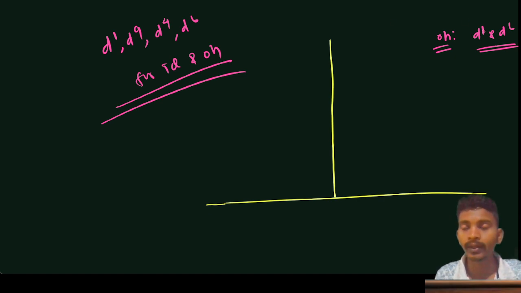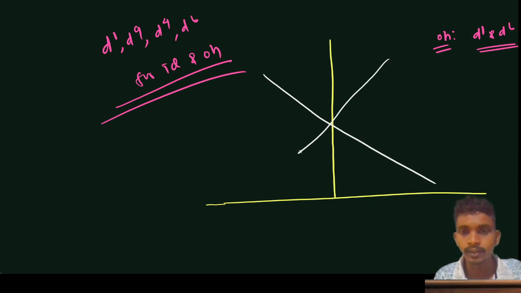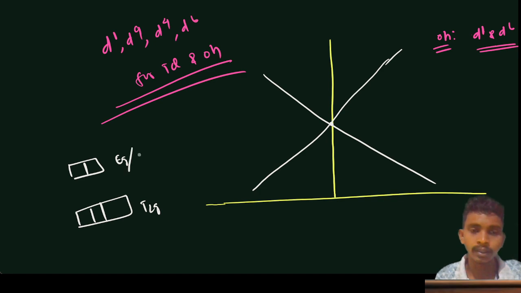The Orgel diagram for D1 and D6 will be like this. We will draw two curves, one like this, another like this. Here, this is octahedral, so we will have T2g and Eg, or T2 and E for the tetrahedral case.